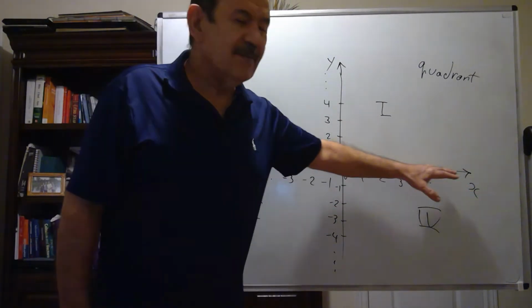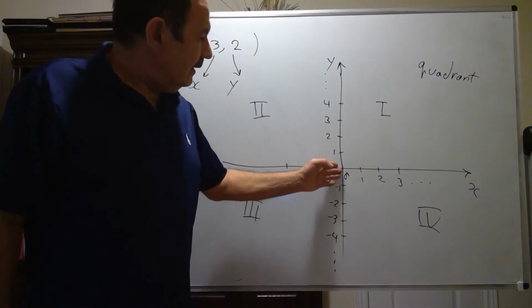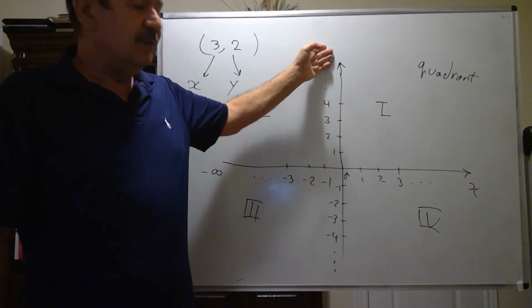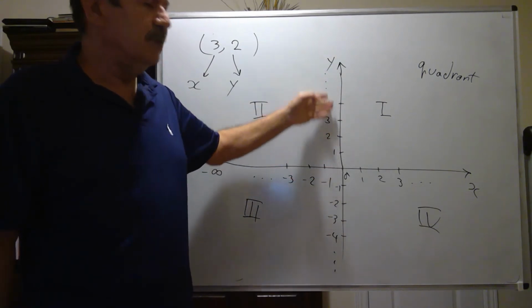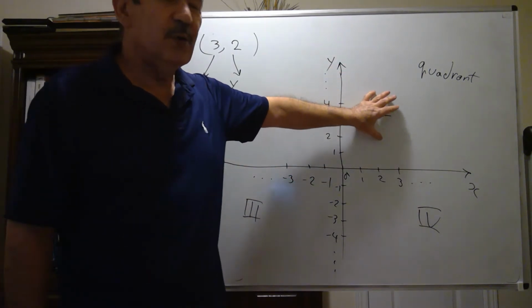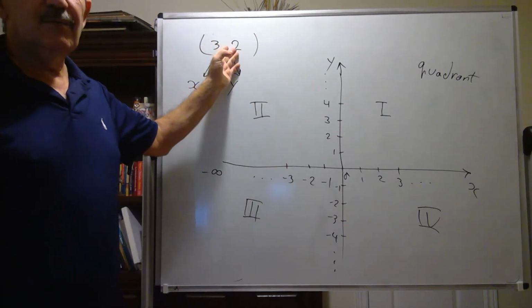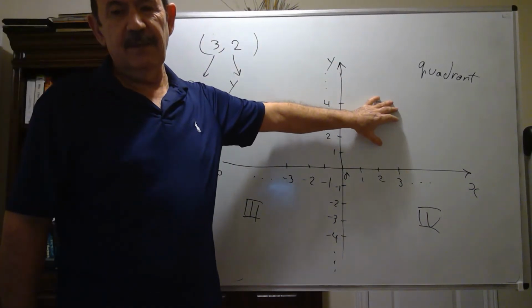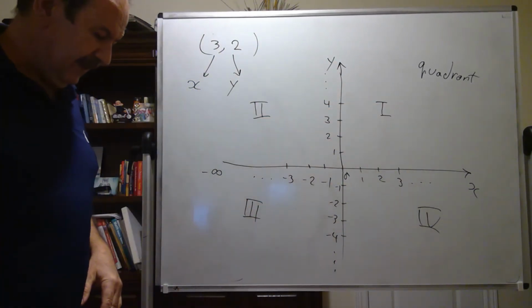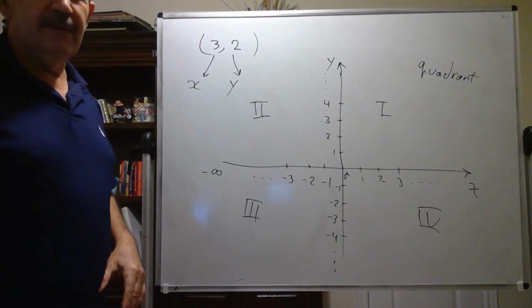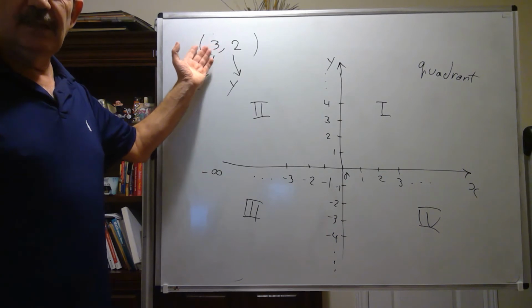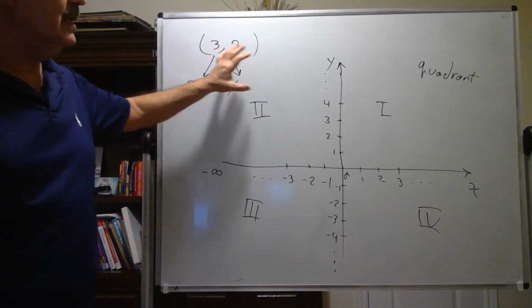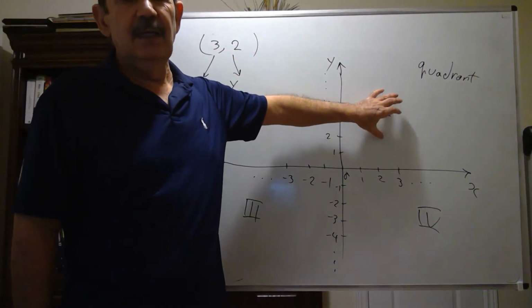So the x value is positive. The y value again is positive: 1, 2, 3, 4, and so on. So in quadrant 1, x and y are both positive. Or in the other way, if we have a point whose coordinates are positive, the location of the point is going to be in quadrant 1.